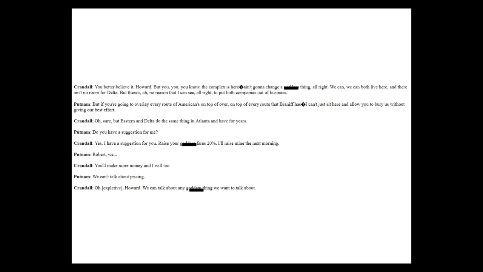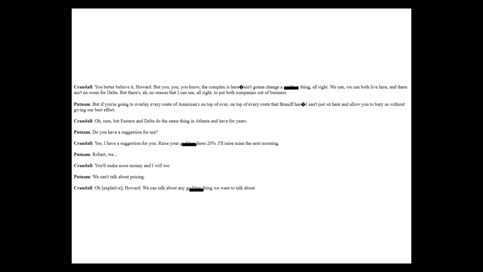Crandall: Oh sure, but Eastern and Delta do the same thing in Atlanta and have for years. Putnam: Do you have a suggestion for me? Crandall: Yes, I have a suggestion for you. Raise your damn fares 20%. I'll raise mine the next morning. Putnam: Robert? Crandall: You'll make more money and I will too. Putnam: We can't talk about pricing. Crandall: Oh, expletive, Howard. We can talk about any damn thing we want to talk about.